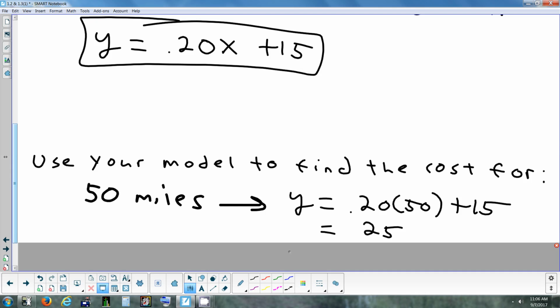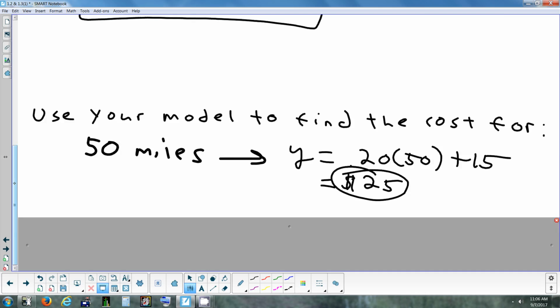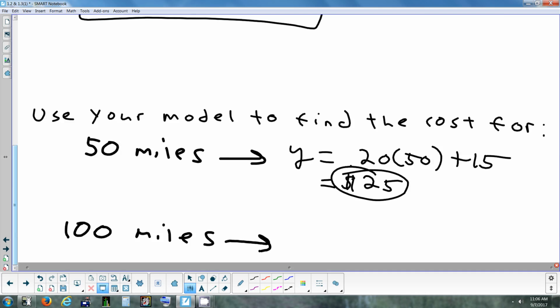And what should I put for a label on that? Dollars. Yeah. Remember, not miles. We were finding dollars. Okay. Now I want to find out the cost to drive 100 miles. Well, if I'm just driving double the distance, can I just double the cost?